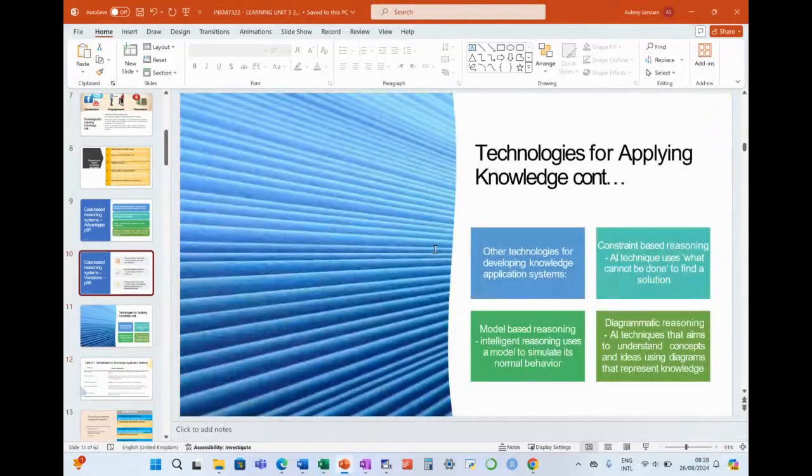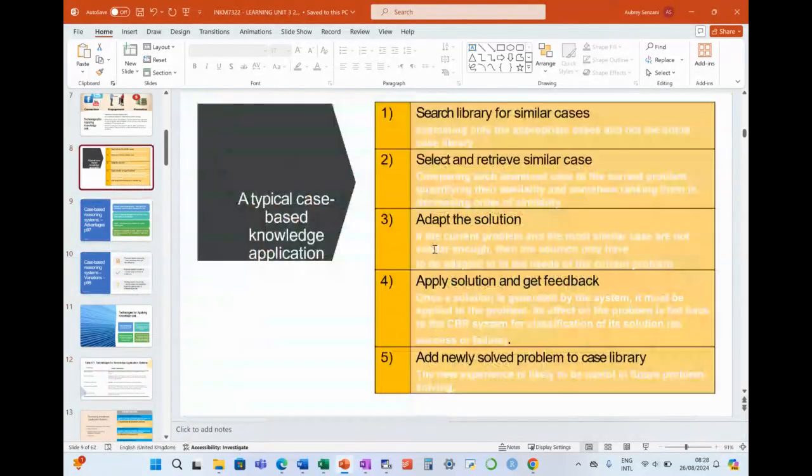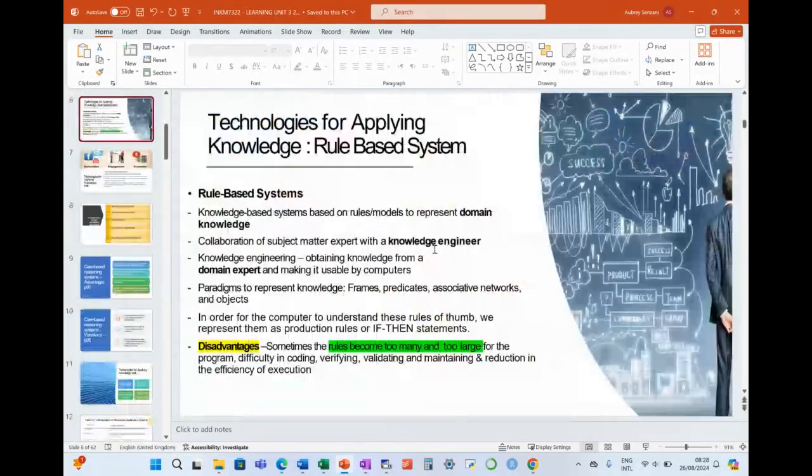So speaking to the first, and now we're going back to rule-based systems: knowledge-based systems based on rules or models to represent domain knowledge, okay? So we know that certain things have to be conducted in a certain way, right?